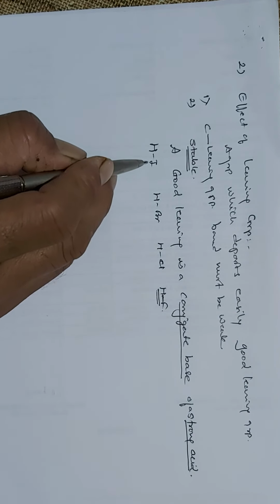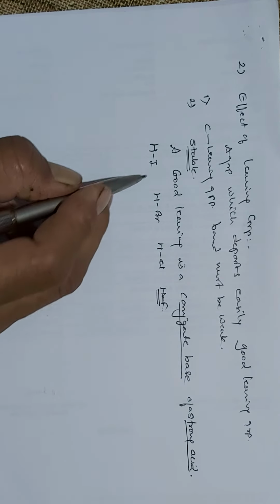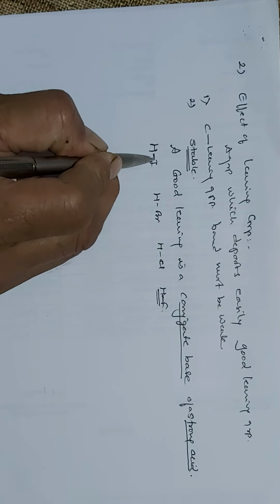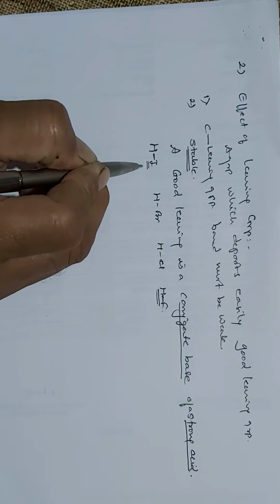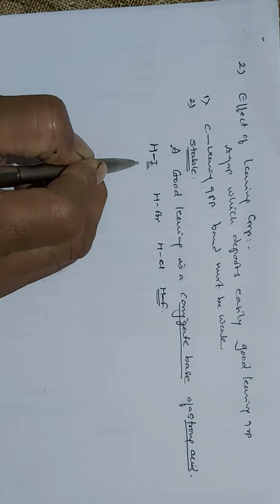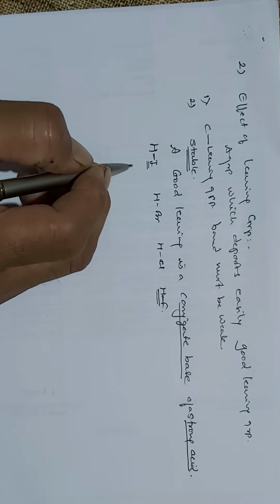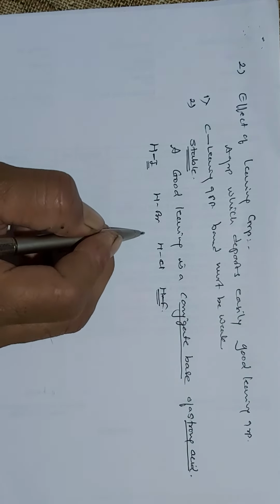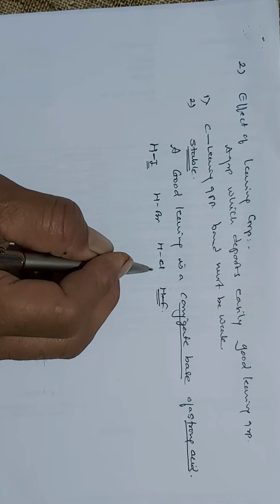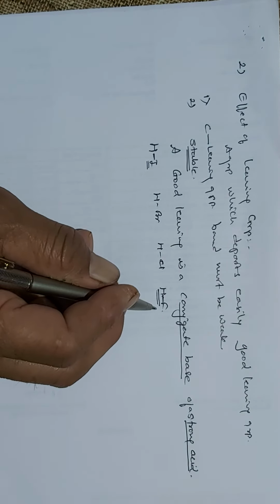Here the hydrogen iodide bond breaks more easily because the electronegativity of iodine is less, and the atomic size of iodine is greater than bromine, which is greater than chlorine, which is greater than fluorine.